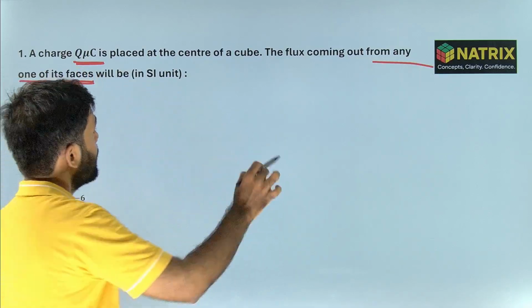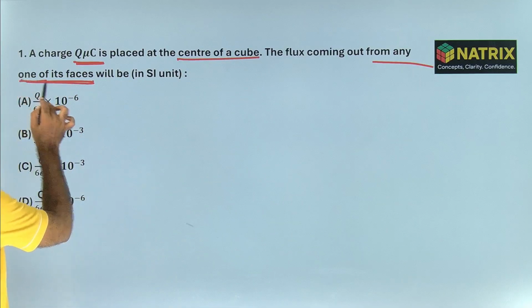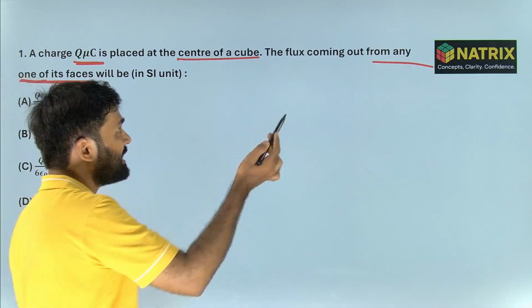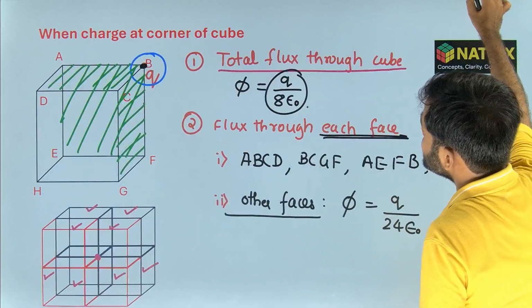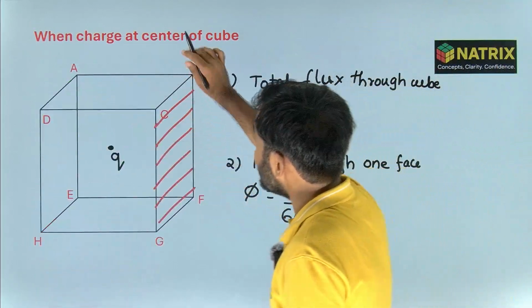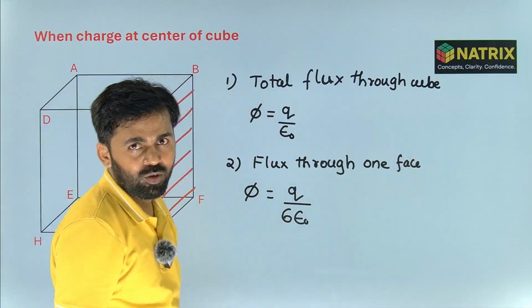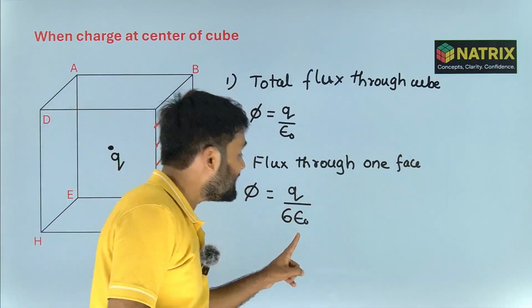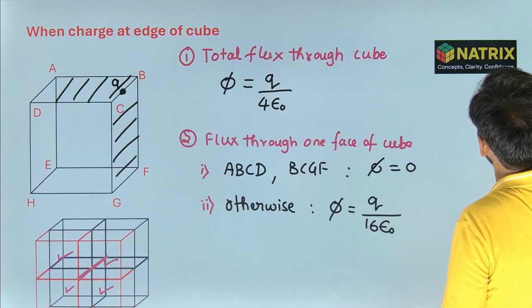First thing, center of the cube. Second thing, one of its faces. What was the case? The charge is placed at the center of the cube and the flux is through one face. What's the formula? Q by 6 epsilon naught.